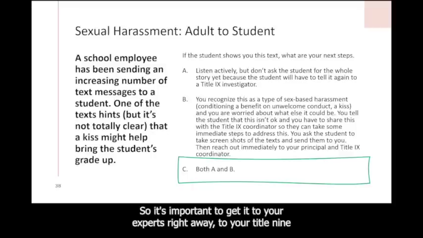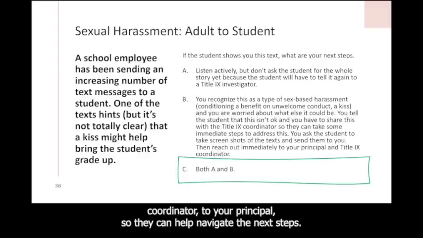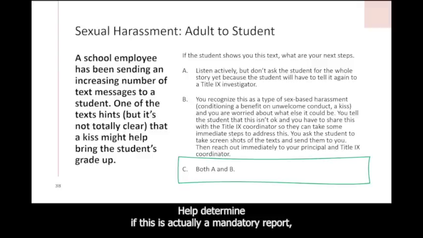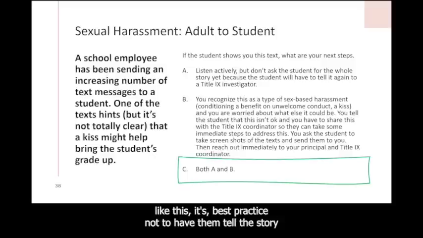So it's important to get it to your experts right away, to your Title IX coordinator, to your principal, so they can help navigate the next steps, help determine if this is actually a mandatory report, and conduct the interviews. For a student who has been through a situation like this, it's best practice not to have them tell the story over and over again to multiple people, but to try and make sure that they can tell that story as few times as possible. So here is both A and B.